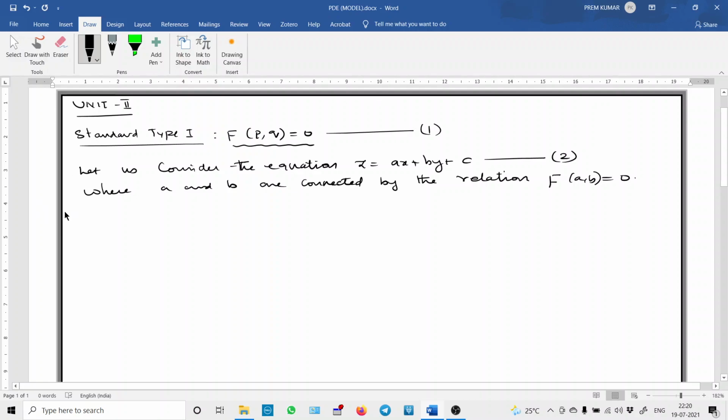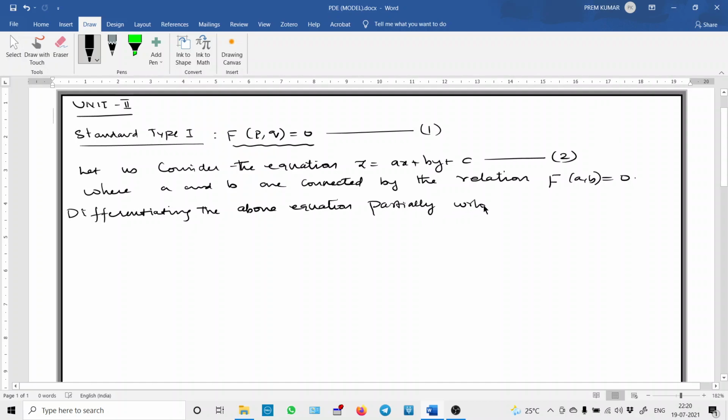Now we are going to do differentiating the above equation partially with respect to x and y.